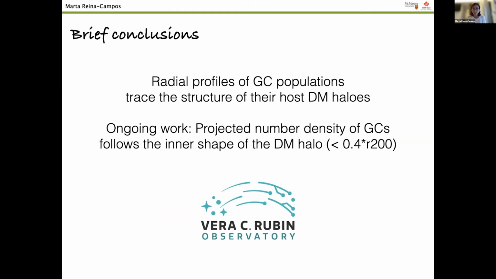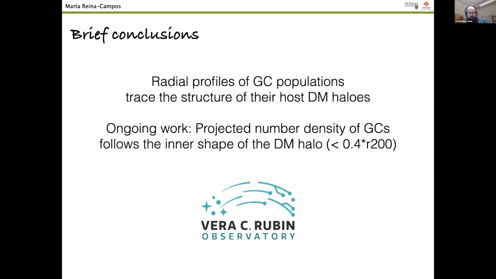But not only do the radial profiles tell us about their galactic environment, we're also starting to see that the projected number density of globulars follows the inner shape of the dark matter halo. This is very exciting in view of the Vera C. Rubin Observatory, because we will be able to pursue this type of analysis not just from simulated clusters, but also from observations.